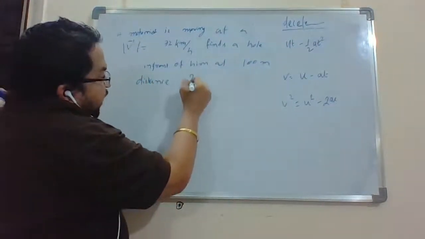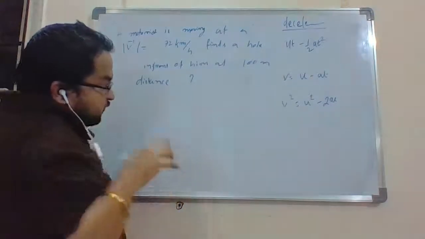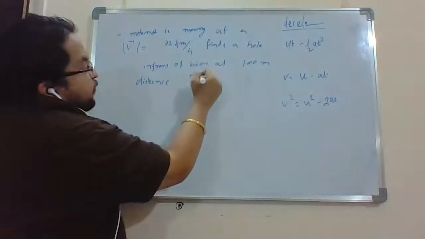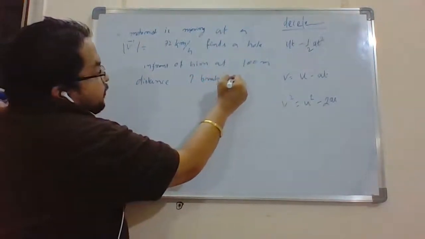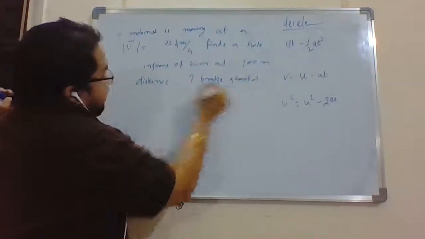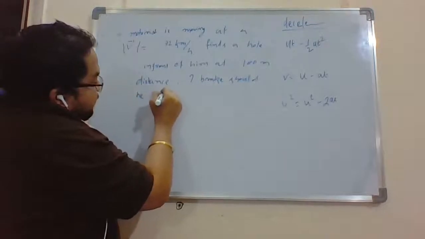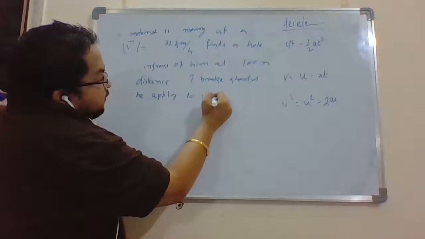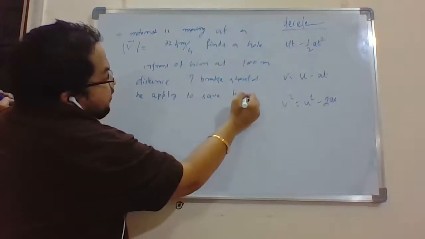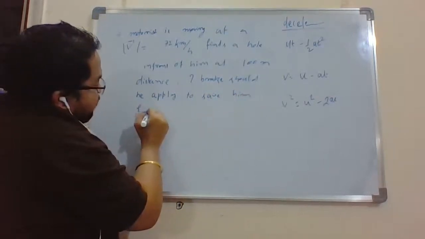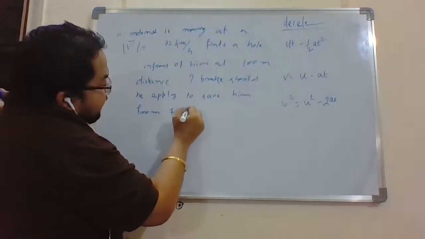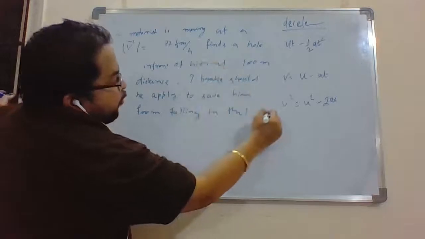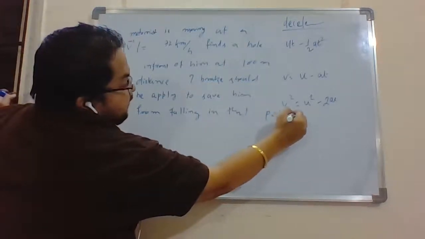How much deceleration, or how much brake, should he apply to save himself from falling into that pothole?